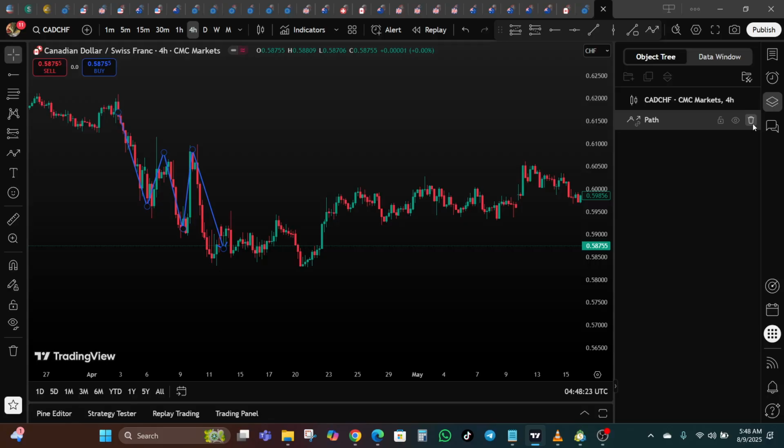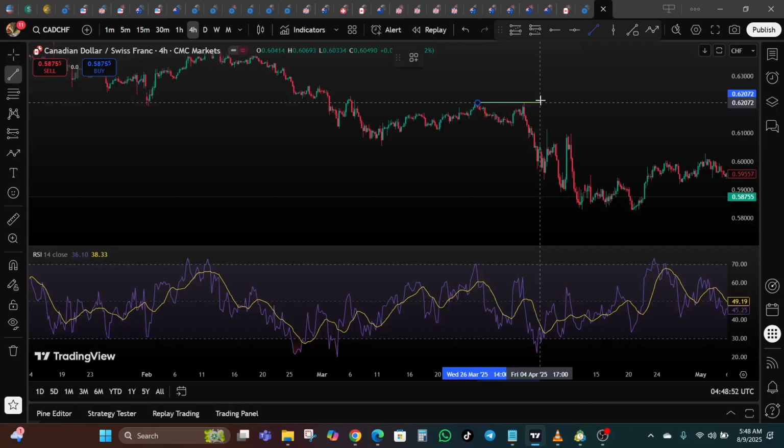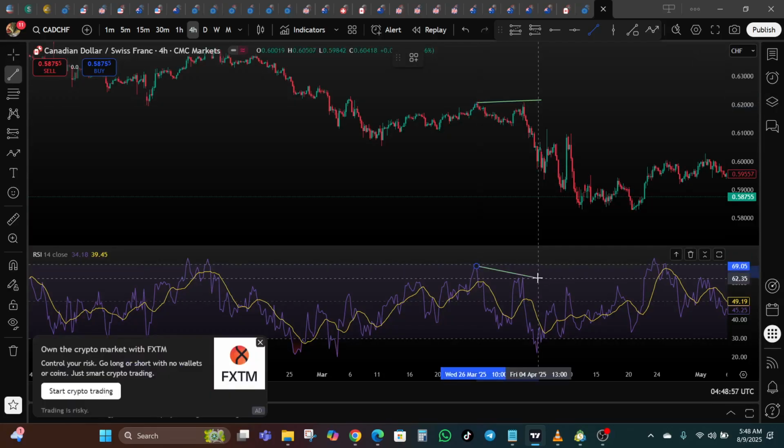For example, if price is making higher highs, but maybe the RSI is making lower highs, that shows a bearish divergence. It could signal that a bearish reversal is about to happen.